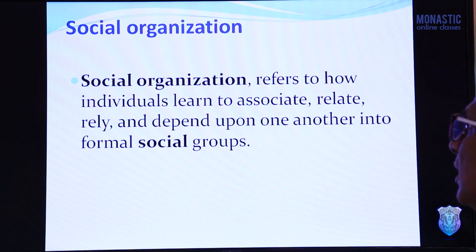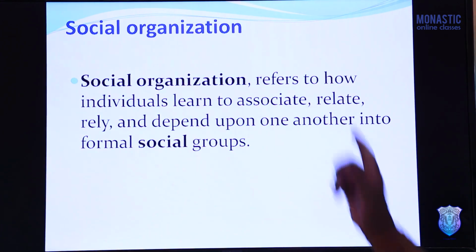Now, social organization. Social, as you know, comes from society. Human beings are also social animals. We live in society. Why do we live in society? To protect ourselves from enemies, to get help in emergency cases and in other ways.